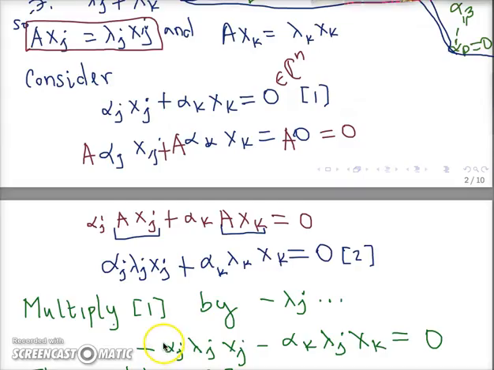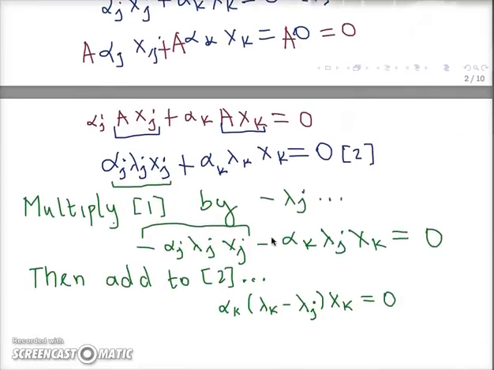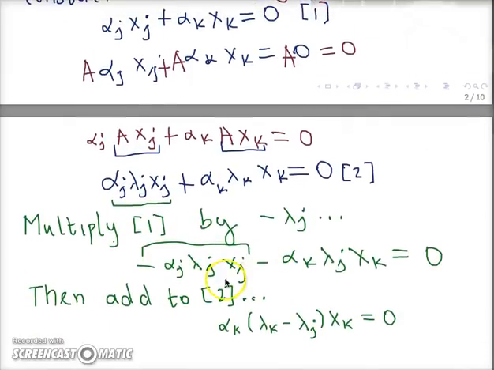So what we do next is add that expression to expression number 2, and by doing that we can notice that in expression number 2, the first term is alpha j lambda j xj. That's precisely the negative term here, and that's going to go away. So adding that expression to number 2 leaves us with alpha k times the quantity lambda k minus lambda j, doing some factorization, times the vector xk. And here's the important part.